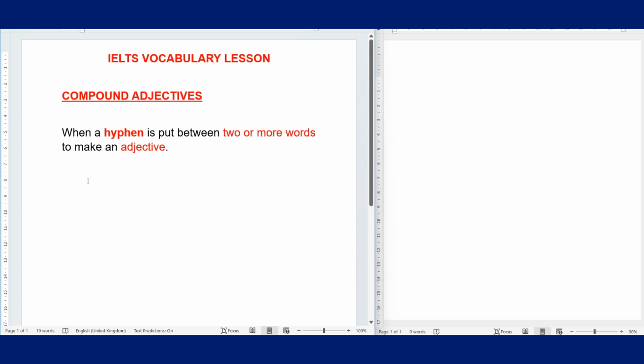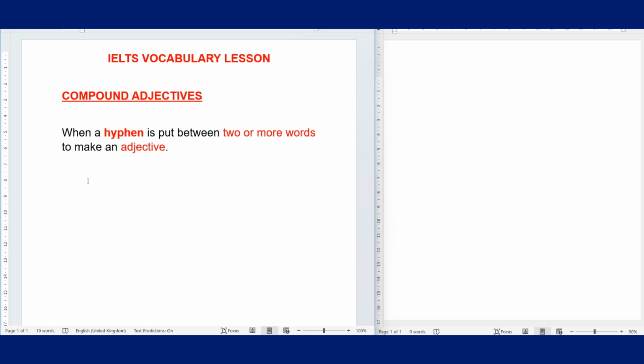These types of hyphens are not used by native speakers, but you are expected to use them on the day of your exam because it tells the examiner that you are at a very good level of English.